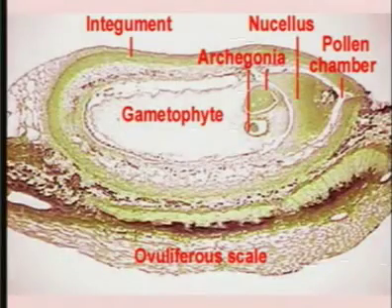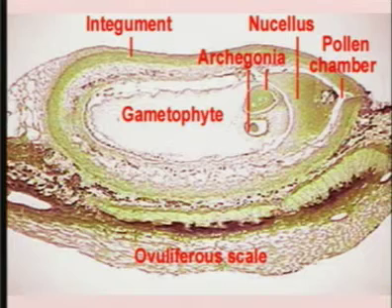Outer and inner layer is fleshy, while the middle layer is stony. The upper part of the ovule is not covered with integument and it forms a pore or opening known as micropyle. Inside micropyle is pollen chamber and then the inner part of the ovule.